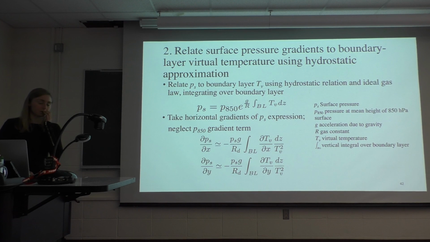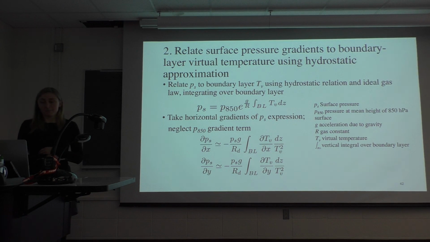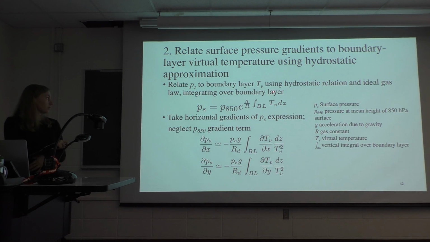Okay, so we're focusing on those pressure gradient terms. And so what we do is we relate surface pressure to boundary layer virtual temperature using the hydrostatic approximation and the ideal gas law. This is probably familiar to many of you. We've just integrated through the boundary layer, which, in practice, we just integrate up to 850.